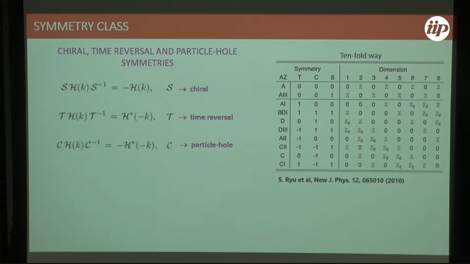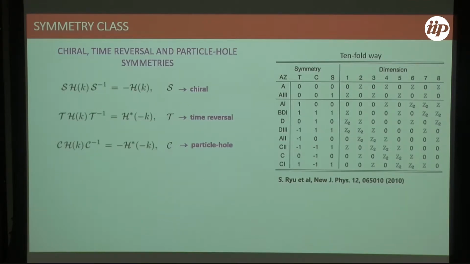And for those who are not very familiar with the tenfold way, here I just give a very brief explanation of what that means. It means to characterize the Hamiltonian in terms of chiral, time reversal, and particle-hole symmetries. In other words, if your Hamiltonian has such symmetries, it means that it is invariant under such relations, where S, T, and C are the chiral, time reversal, and particle-hole matrices, respectively.